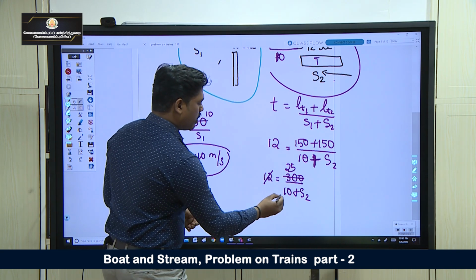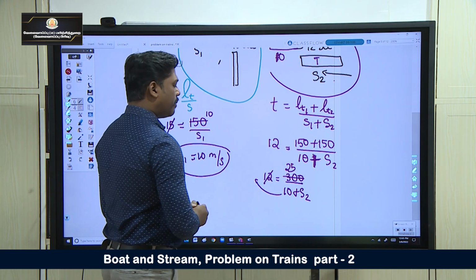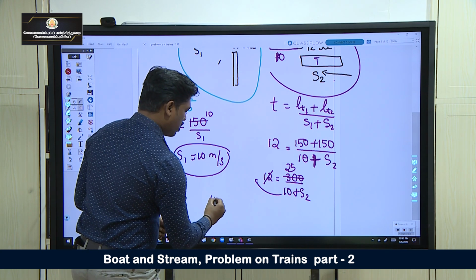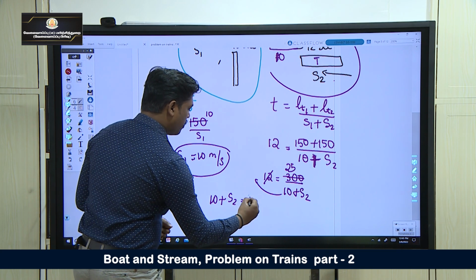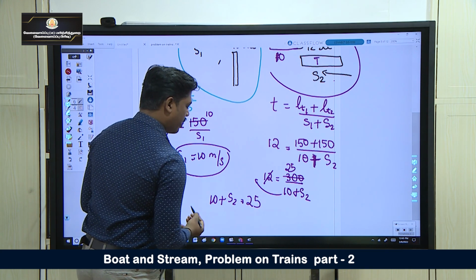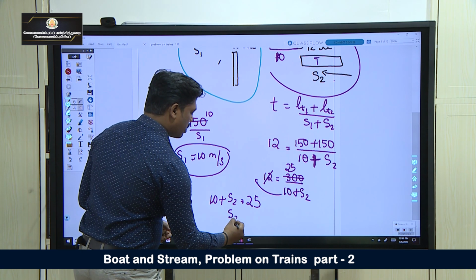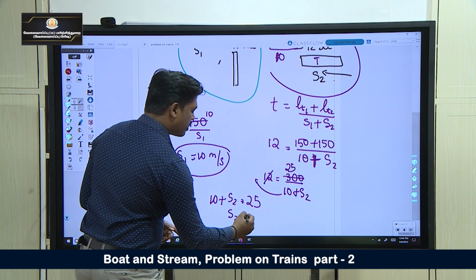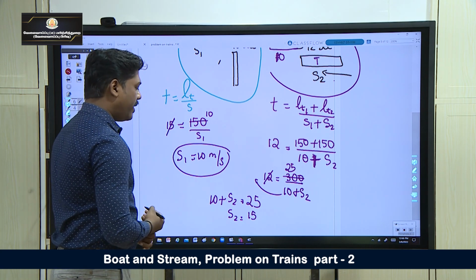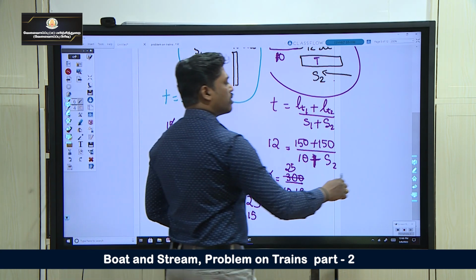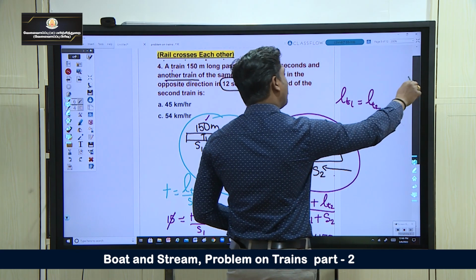Now just multiply here: 10 plus S2 is equal to 25. So 25 minus 10 gives 15 meter per second. So the speed of train 2 is 15 meter per second.